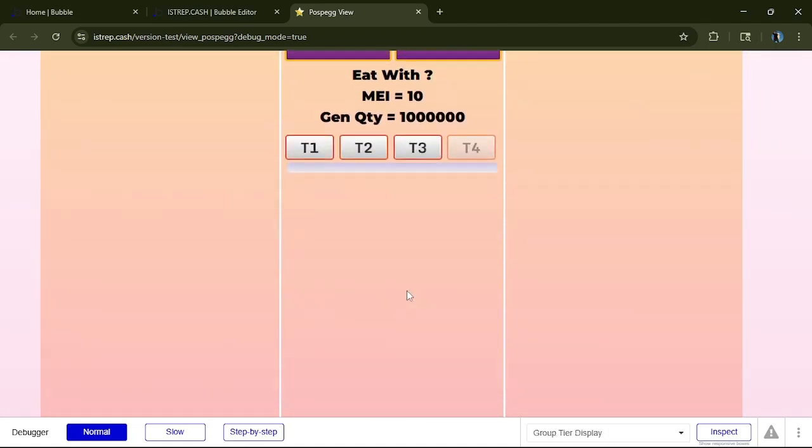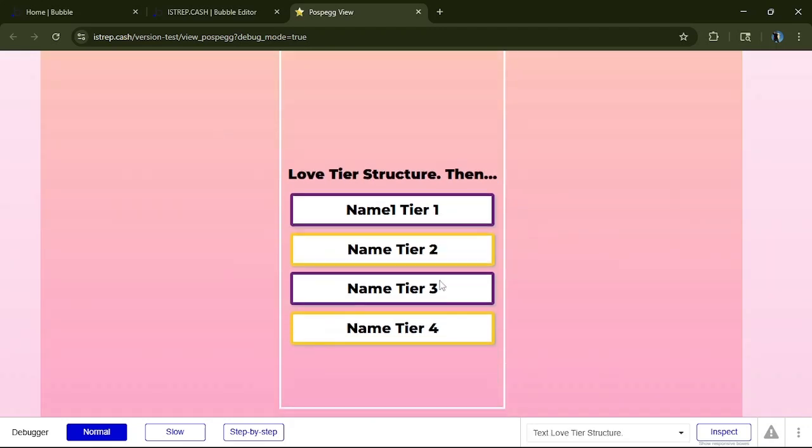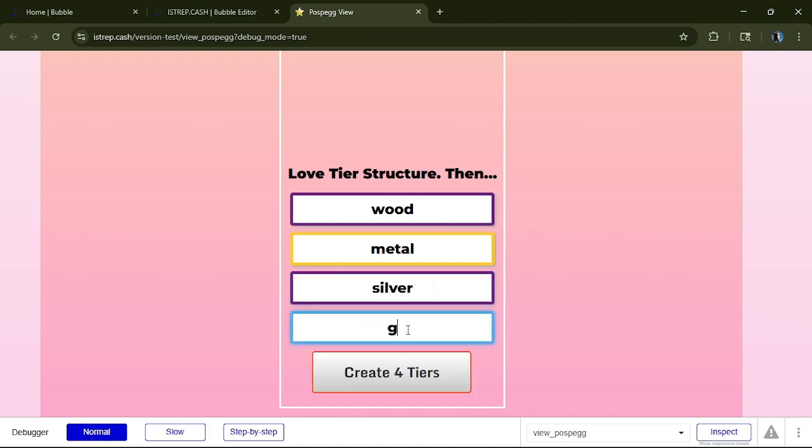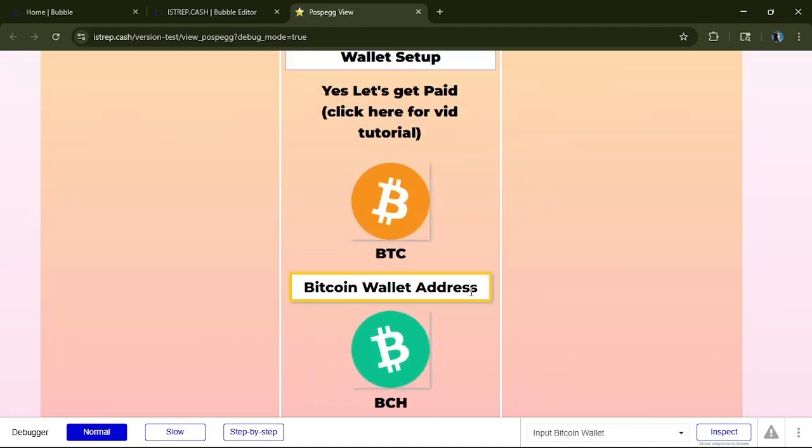You'll have four names, so let's go ahead and max it out and say that this name is wood, then we'll say this one is metal, then silver, then gold. So these are all the names of our tiers, and we go ahead and create our tier structure.